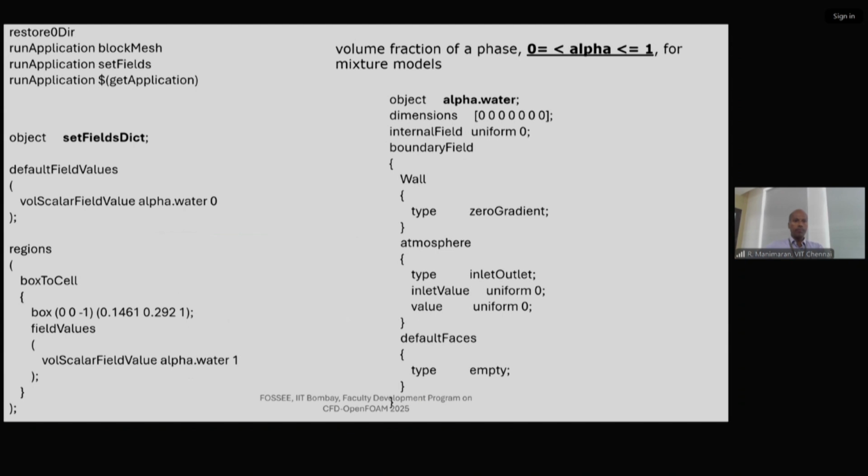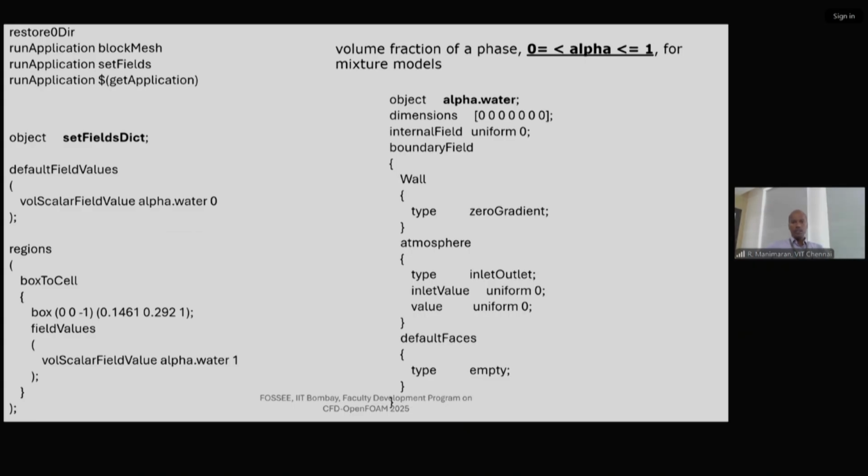With respect to OpenFOAM, there are two things. When you're running the command setFields, and the other one is when you're defining a variable called alpha, or alpha.water. The setFields is the facility to set the field which is water and which is not water.